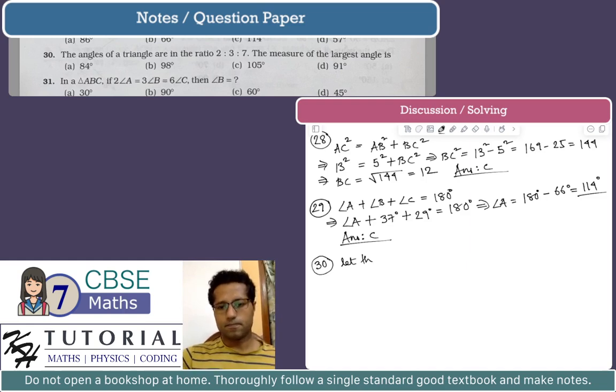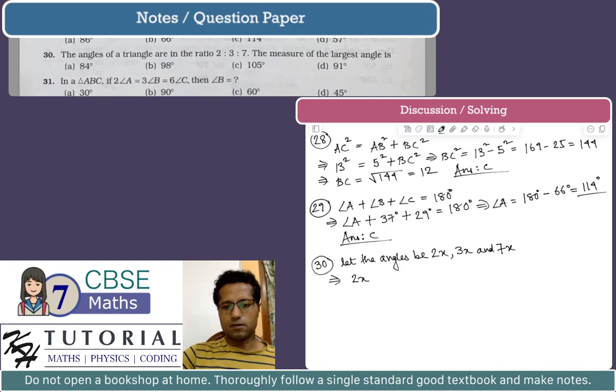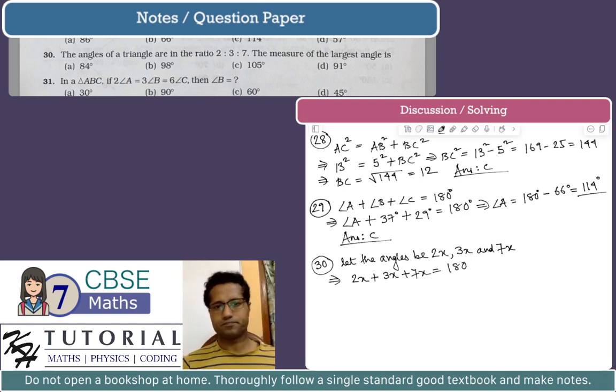Let the angles be 2x, 3x and 7x. Of course this will be in degrees, I am ignoring that. This implies the sum of the angles will be equal to 180 degrees. So we must have 2x plus 3x plus 7x equals 180.